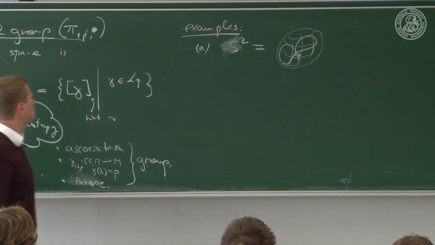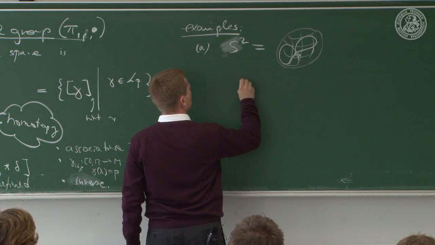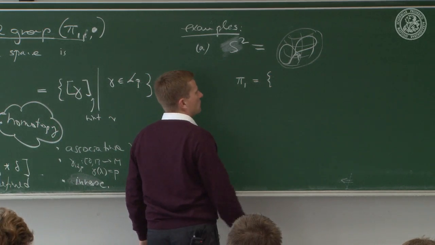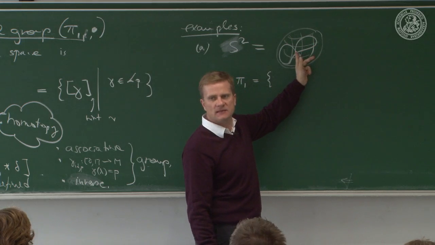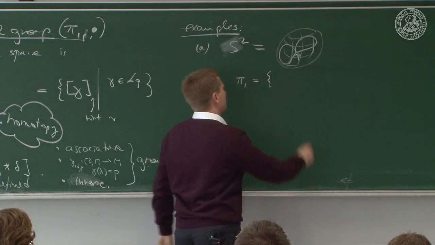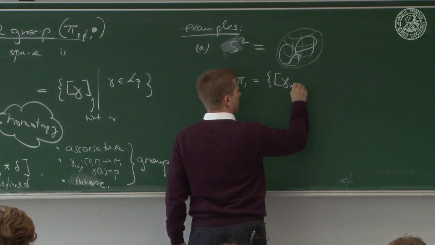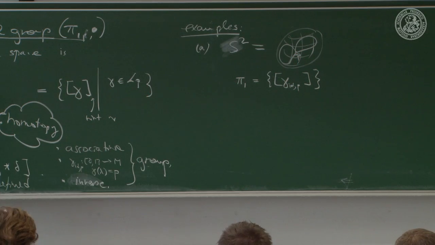Okay? So that means the equivalence classes, the set pi1 consists of just one element, and in particular they're all homotopic to the identity. So to the curve that stays always at the point P. There's only one class in there.